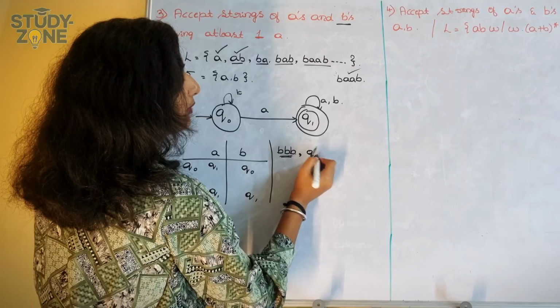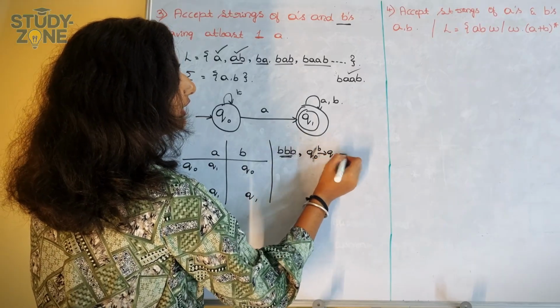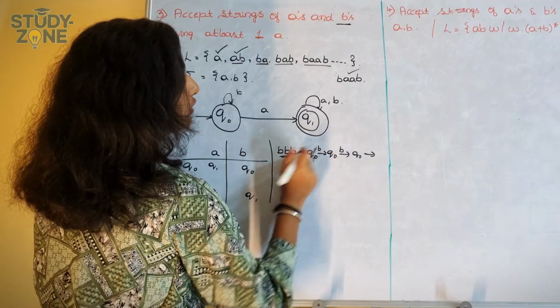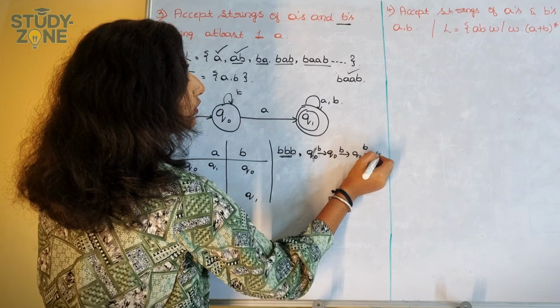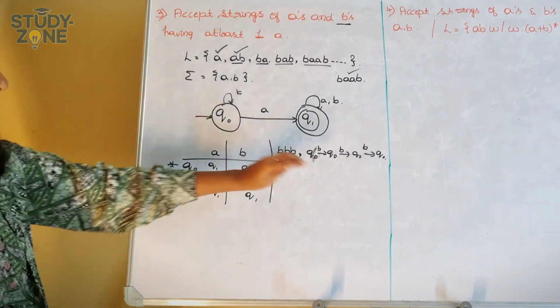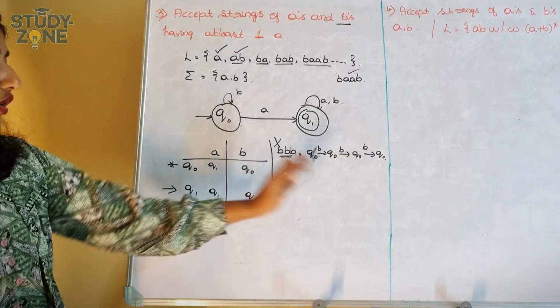On consuming B, Q0 will move to the Q0 state only, and then we have B, it goes to the Q0 state only. On consuming B, it goes to the Q0 state only. Since this is the initial state and not the final state, this one is not accepted.